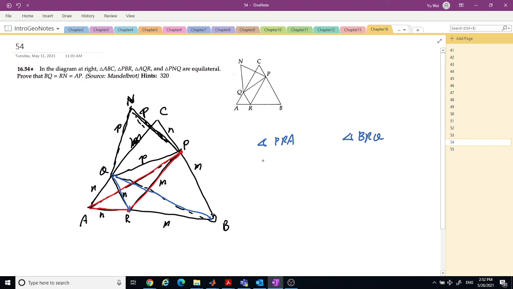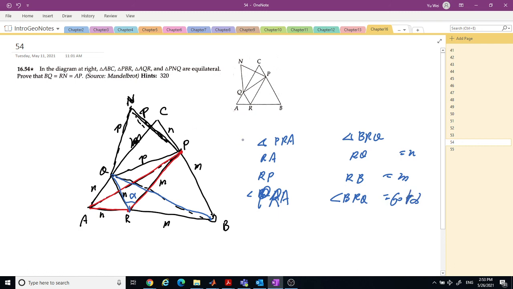We have RA and RQ equals N. We have RP equals RB equals M. Then we have the angle PRA equals the angle BRQ, which equals 60 plus alpha.